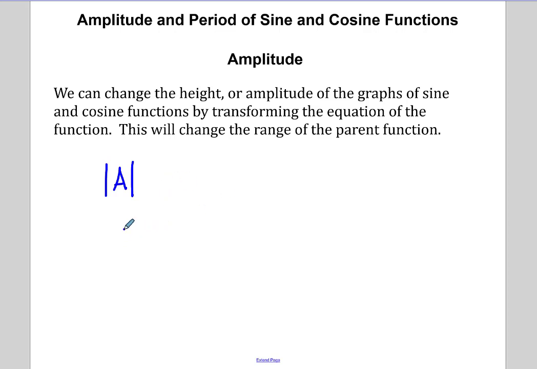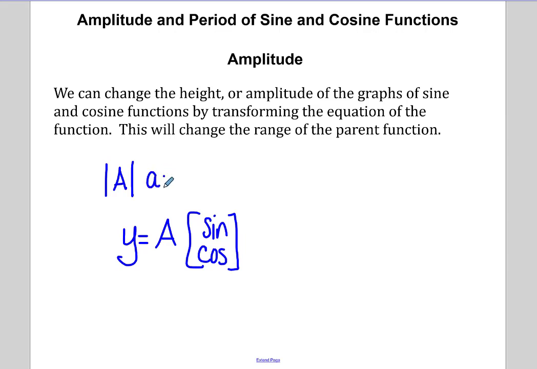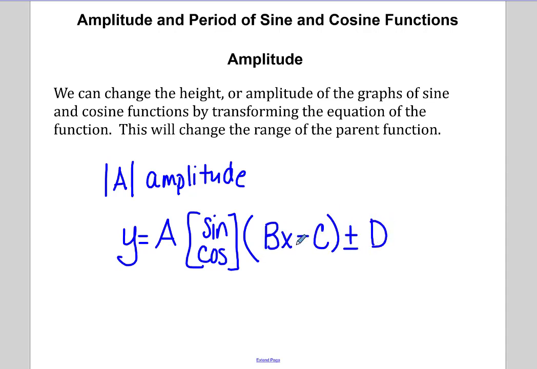Whether it's a sine curve or a cosine curve, there's a number out here. This is my amplitude. That's what we're going to look at first, the amplitude. And then the argument part, bx minus c plus or minus d. We're going to find out what the b value, the c value, and the d value do. But for right now, we're looking at graphing amplitude.